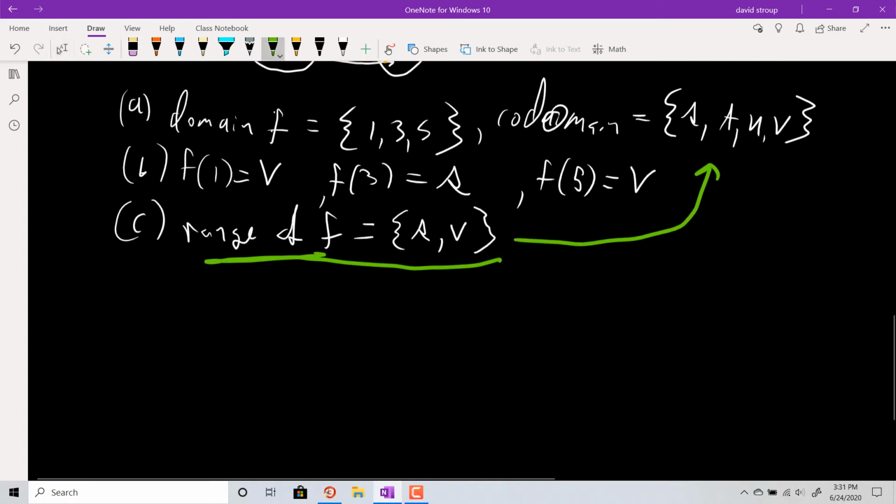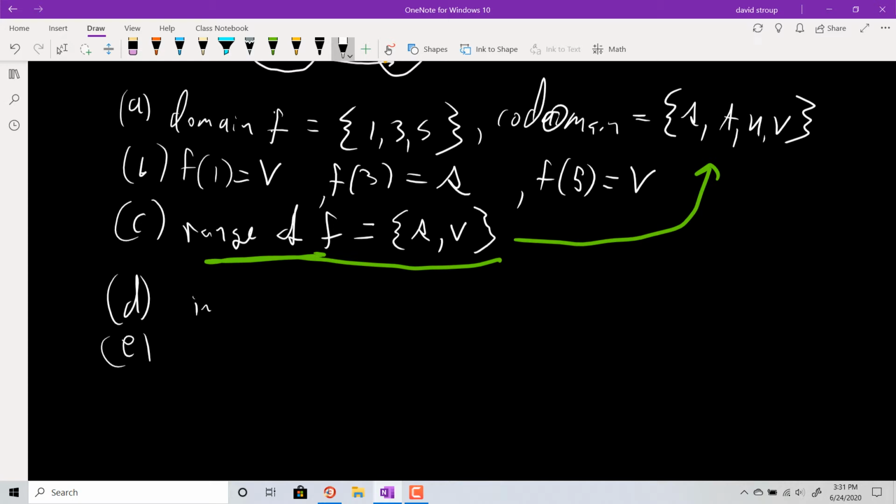Then they're going to want for you to find inverse images. So the inverse image of particular y values. So this is part D in the book, and part E. Just sort of group them together.